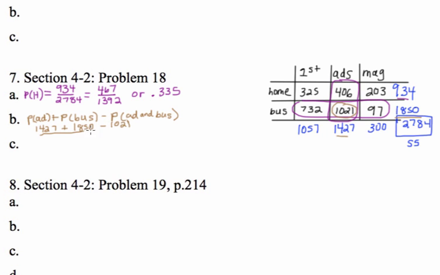All out of our total number of sample space, which was 2784. You get 2256 out of 2784, which reduces to 47/58, or 0.81.